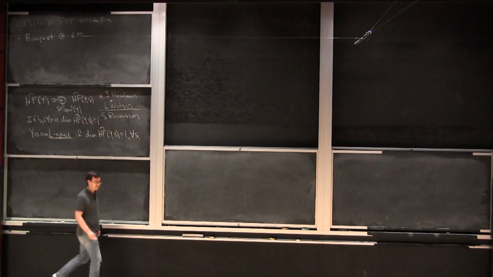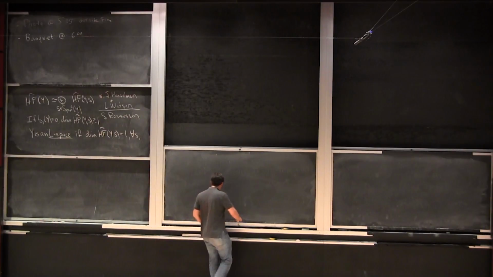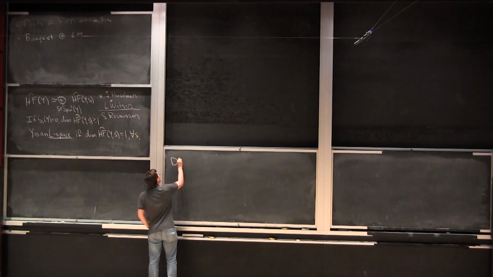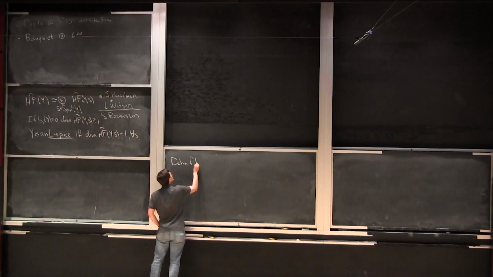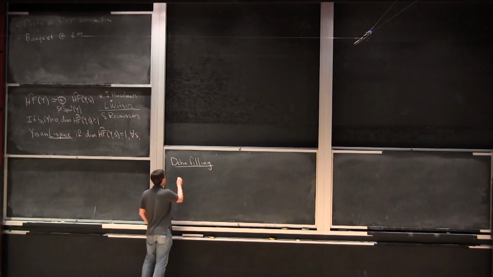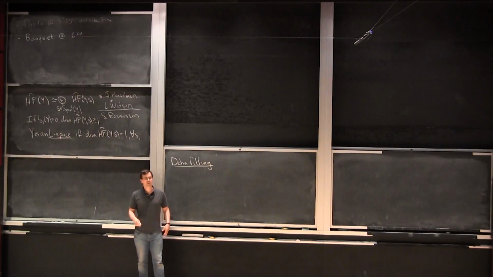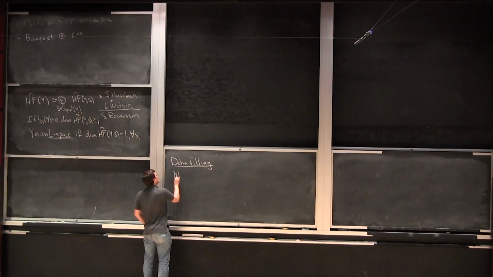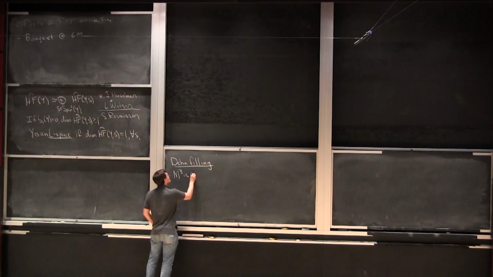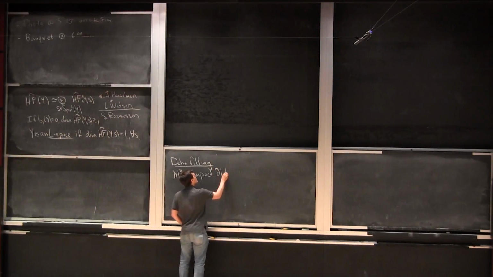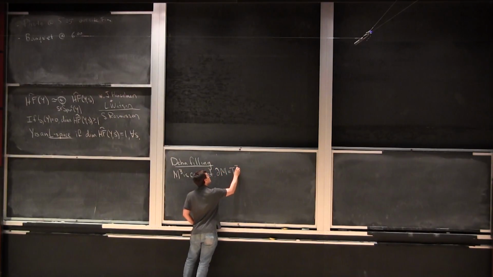Okay. So now maybe the next thing I should talk about is Dehn filling. Here I just want to set up some conventions. Throughout the talk, Y is going to be a closed manifold, and M is going to be a manifold with torus boundary. So M is a compact 3-manifold, and the boundary of M is T^2.